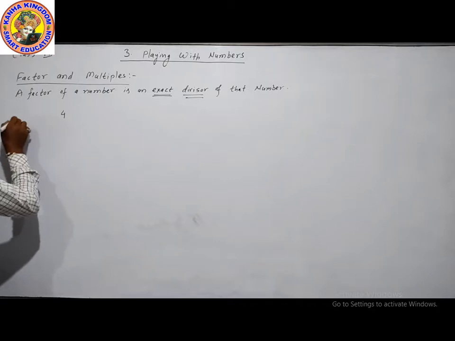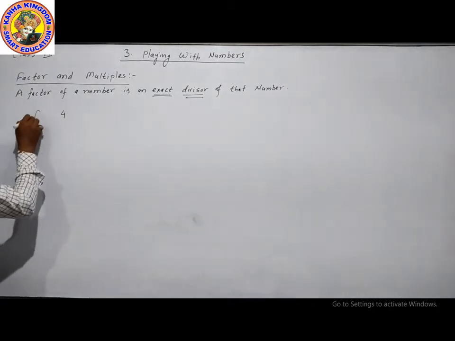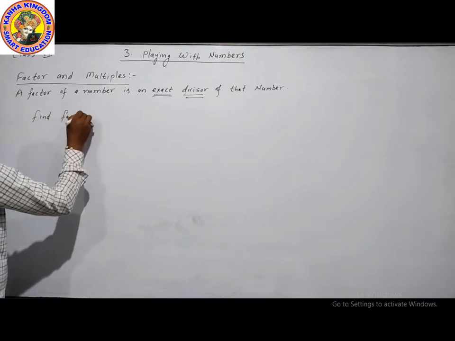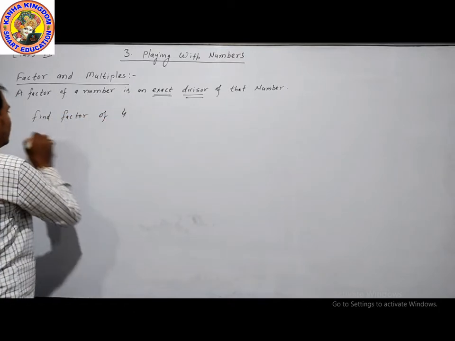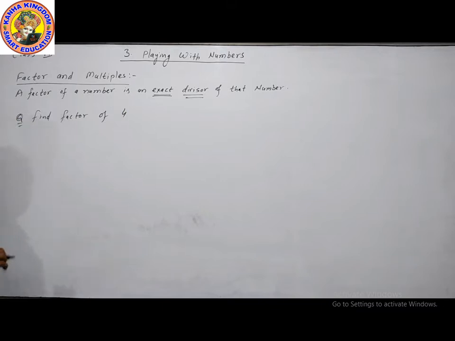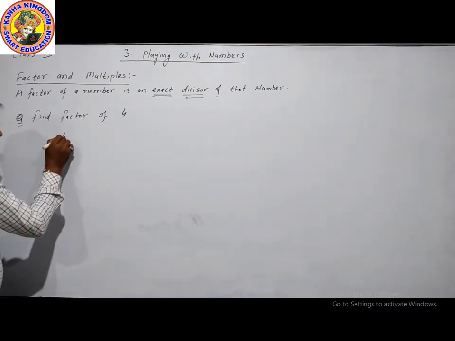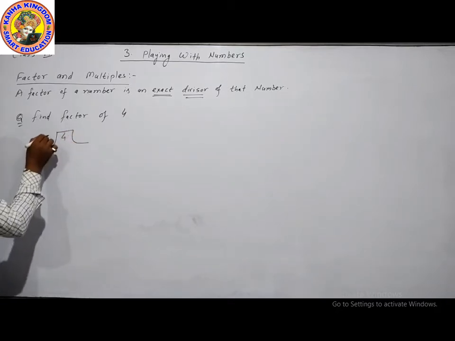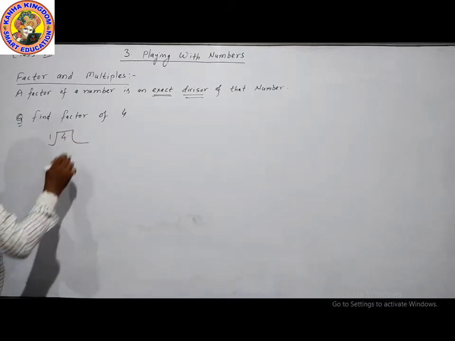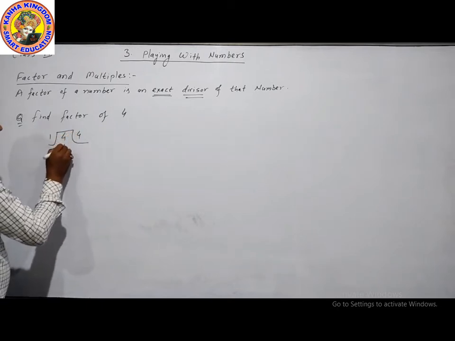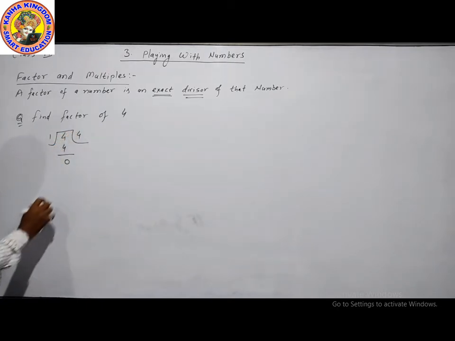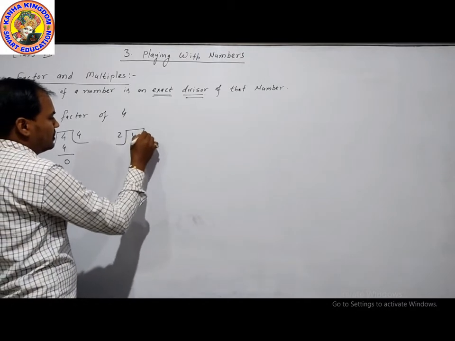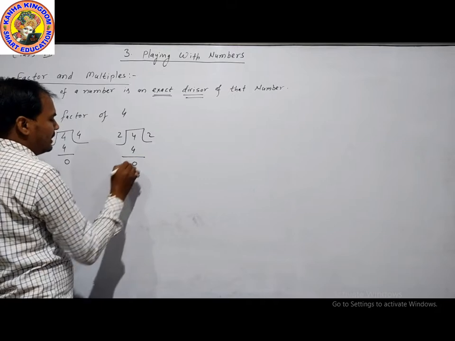We want to find the factors of 4. This is our question. Now, this is 4. We want to know its factors, so we will divide by 1. 4 divided by 1 is 4, remainder is 0. Then we will divide by 2. 2 times 2 is 4, remainder is 0.